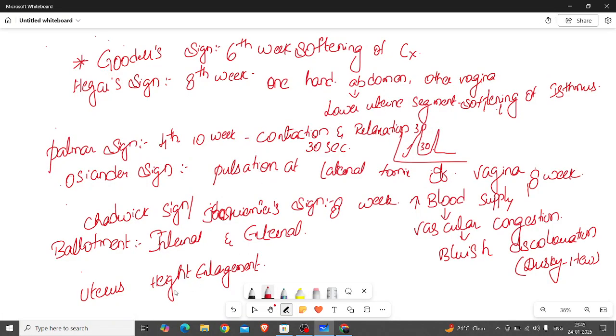So based on the uterus height enlargement, we can identify at which age the fetus is.